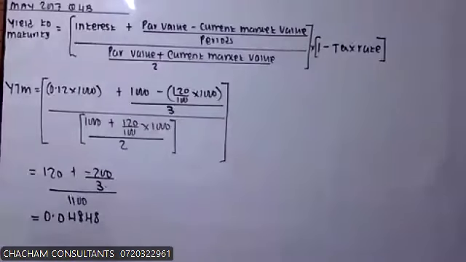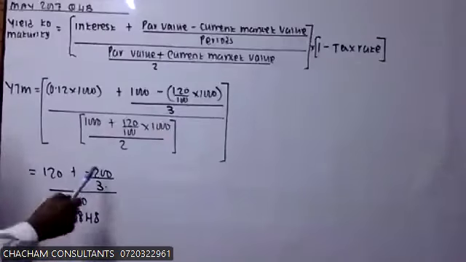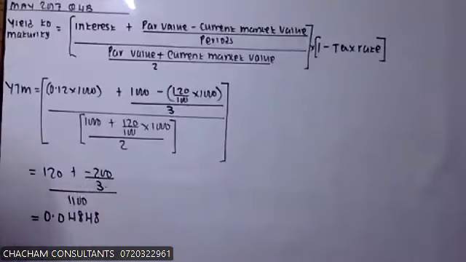Priska, you can recompute yours. Maybe you did not factor this negative, so you have a higher value.